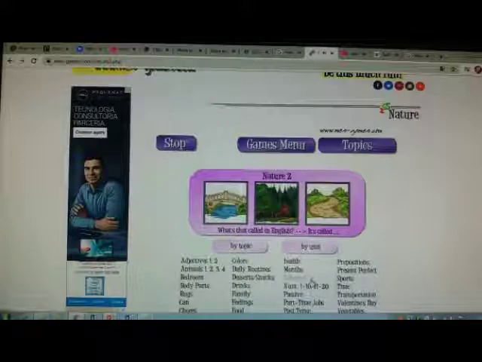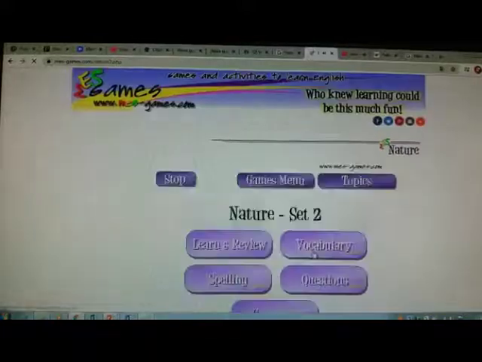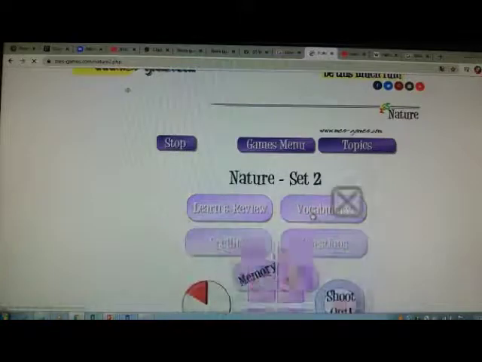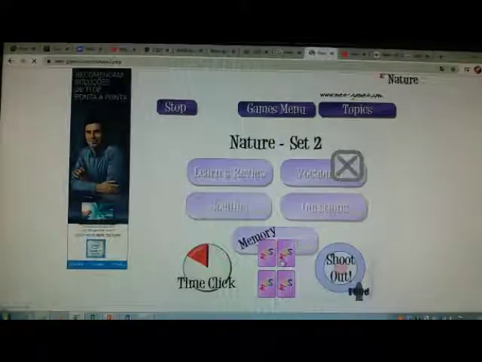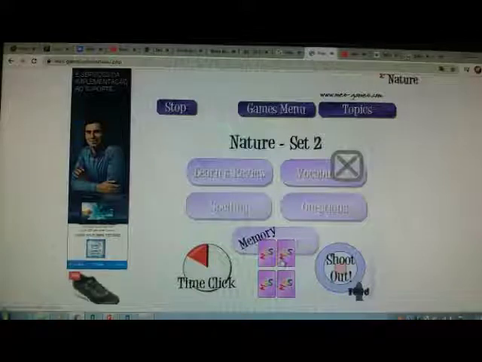So you can go, for example, to nature 2, you can play vocabulary, you can play time click, you can play memory game. I think you can play with your parents, with your sister, brother, somebody that's with you in your house.